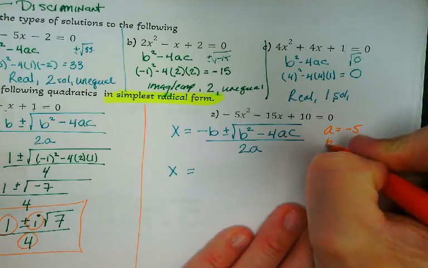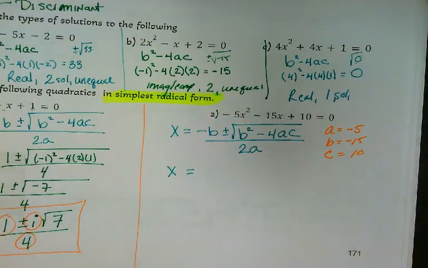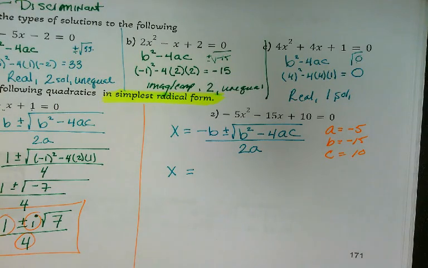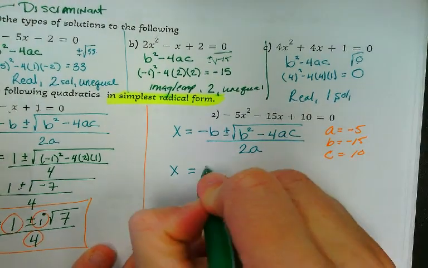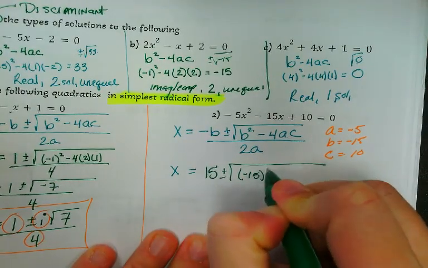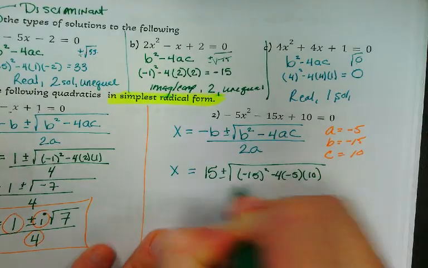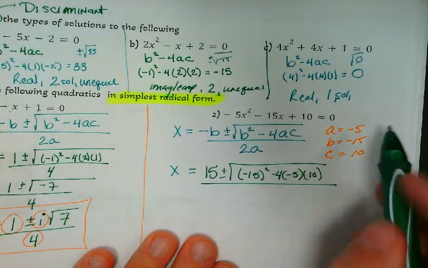Perfect. My b value. And my c value. Perfect. Carefully plug them in. Again, the 2a I typically do in my head.